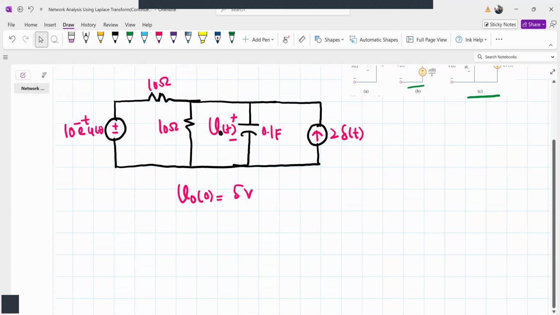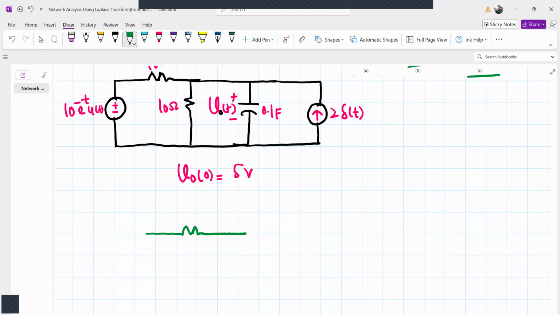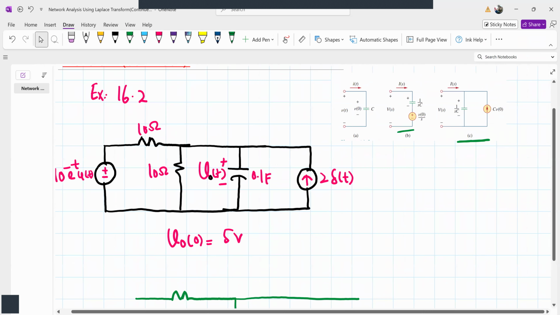Okay, so let's draw the equivalent model out of this. So we have a resistor, and then we have one more resistor here. Then we'll replace the capacitor by this parallel model, that is the C here.